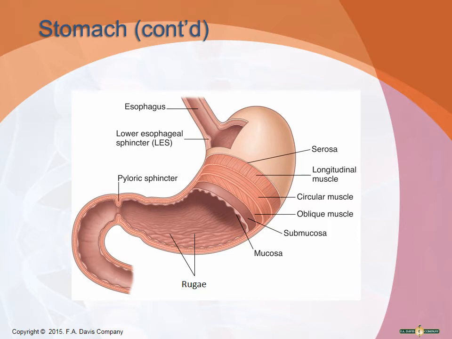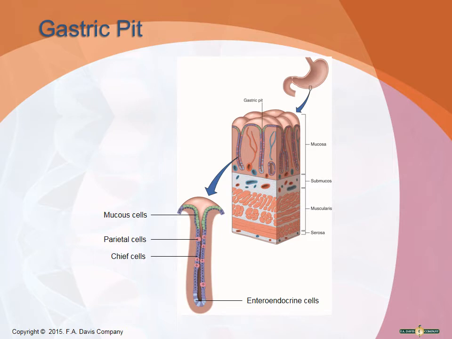So if we look at the gastric mucosa, this next slide is talking about the gastric mucosa. And it's enlarged to show this gastric pit, where you have different cells that have different functions. We'll start with the mucus cells. Makes sense that those are the ones that make mucus.